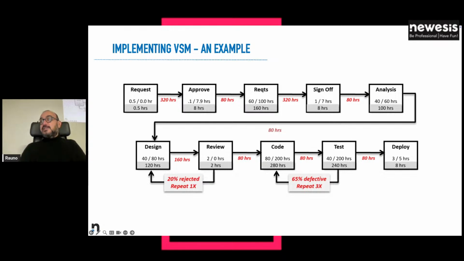If we look at this other schema, we can see that there is a lot of inefficiency in the initial phase of the project in passing the information. The red numbers under the arrows are the queue time. So the time that passes before something that is completed in the preceding stage starts in the next one.